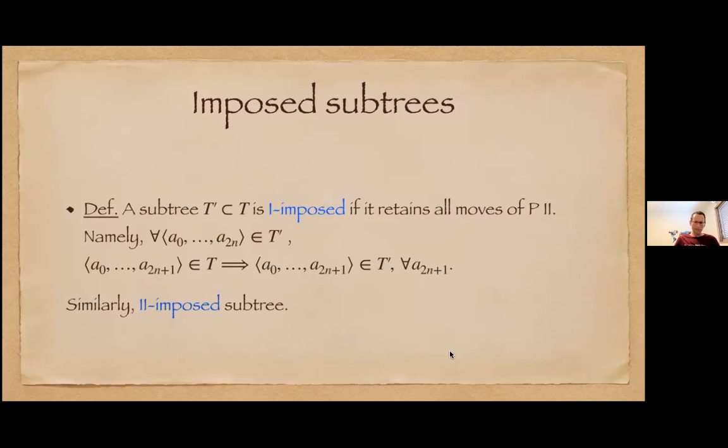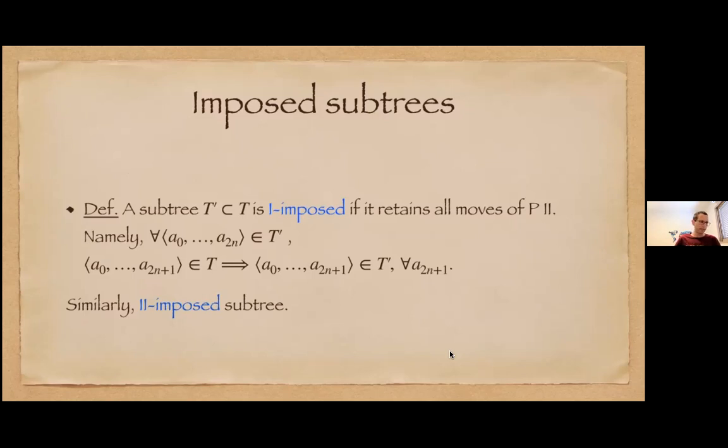So what does it mean? It means that player 1 in his positions can remove some of the moves, some of the alternatives. An example of a one imposed subtree is that you just take a strategy for player 1 and take all the positions which are compatible with this strategy.